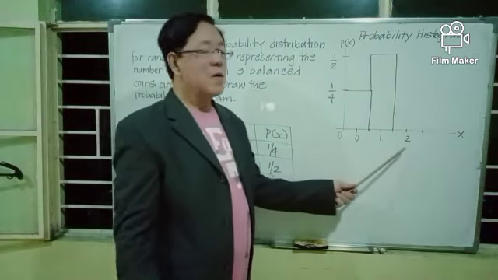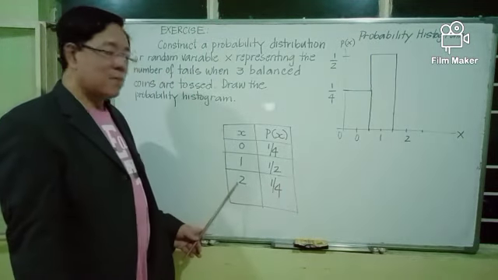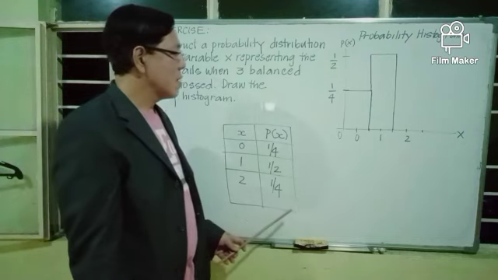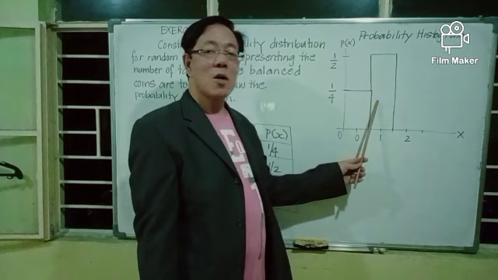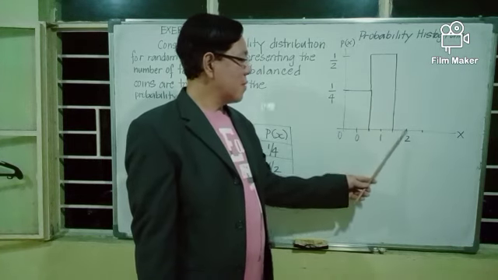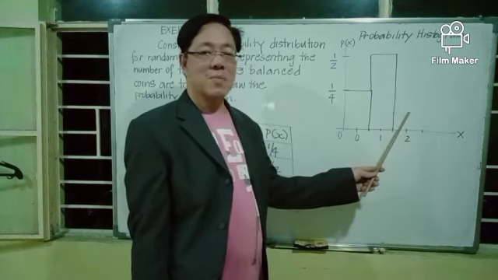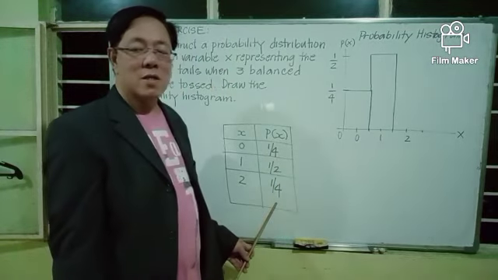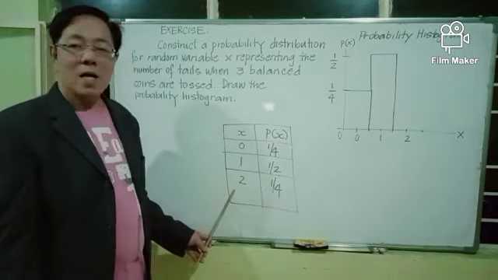And finally, for the value 2 of the discrete random variable x, the corresponding probability is 1/4. The vertical bar for x equals 2 will share a common side with the second vertical bar. We find the 2 at the midpoint of the third vertical bar, whose height corresponds to the probability 1/4 for x equals 2.